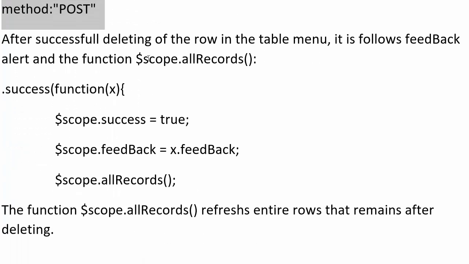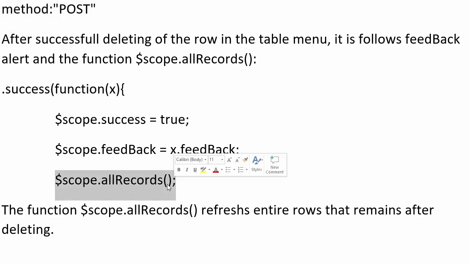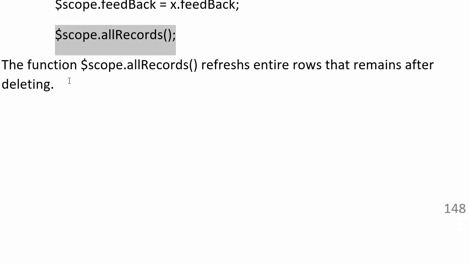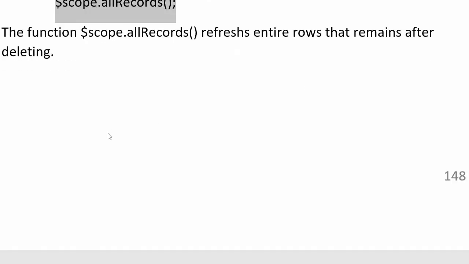After successful deleting of the row in table menu, it follows feedback alert and the function $scope all records. The function $scope all records refreshes the entire rows that remain after deleting.